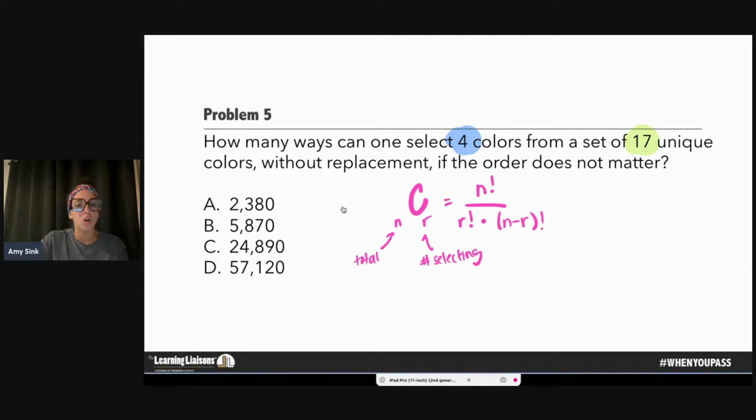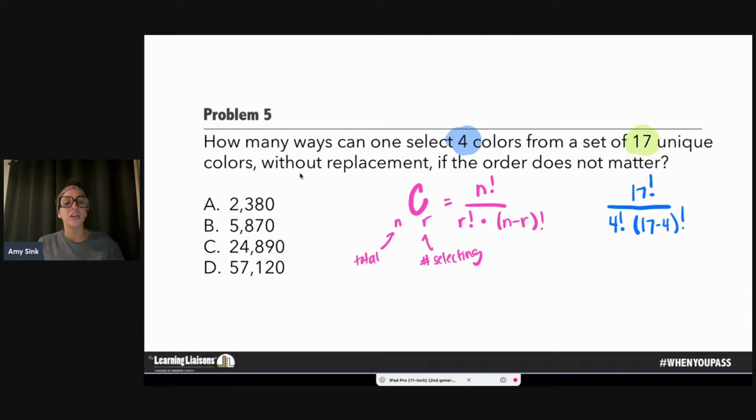So I'm going to plug in my values: 17 factorial divided by 4 factorial times 17 minus 4 factorial.